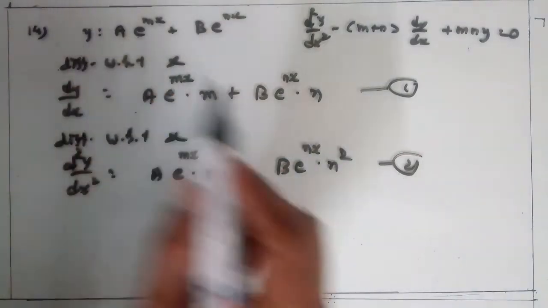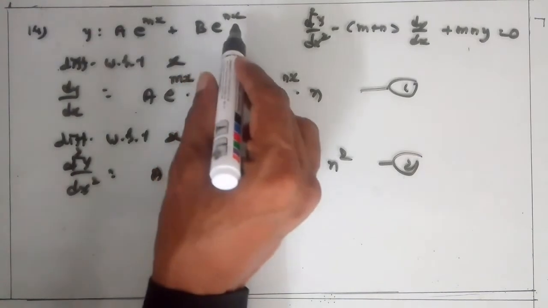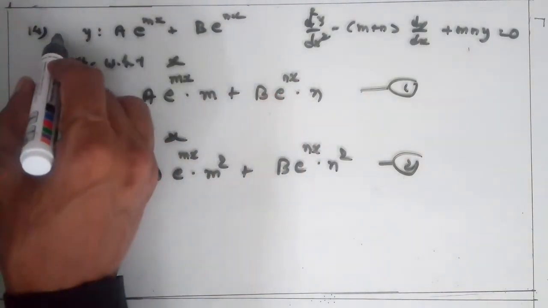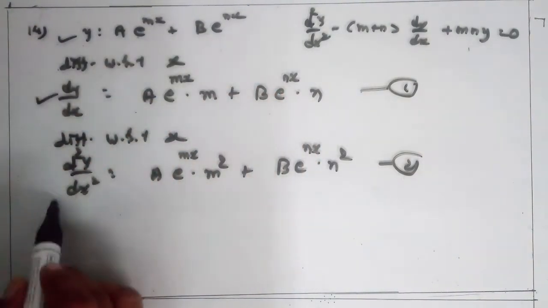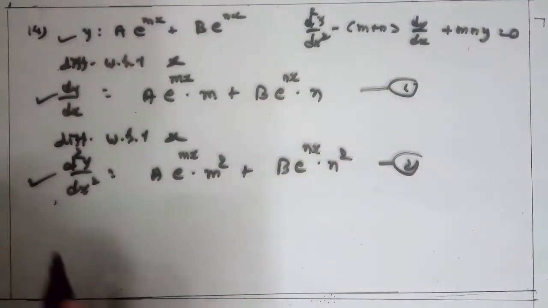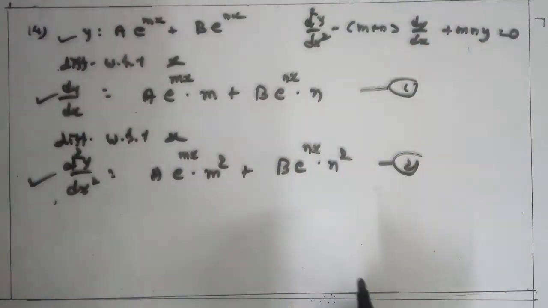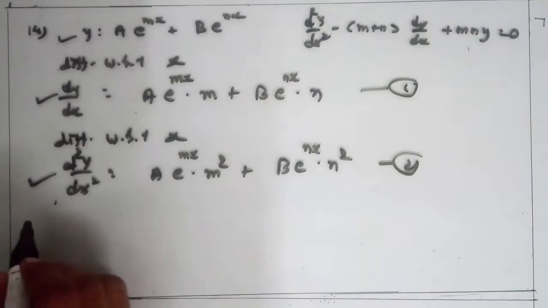And from y is equal to a e^(mx) plus b e^(nx), put all values of y, the first derivative dy/dx and the second derivative d²y/dx² in this differential equation on the left side and get 0. Clear?